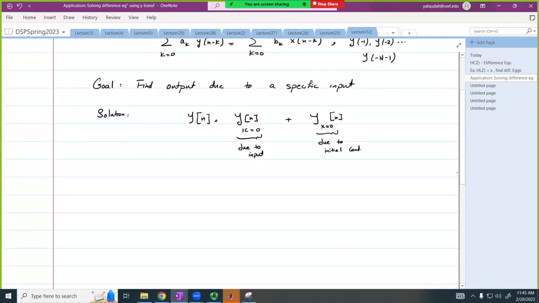We're going to do an example, so it will hopefully become more clear. To do this, we're going to take the Z transform of the difference equation. And we're going to be using the time shift property.